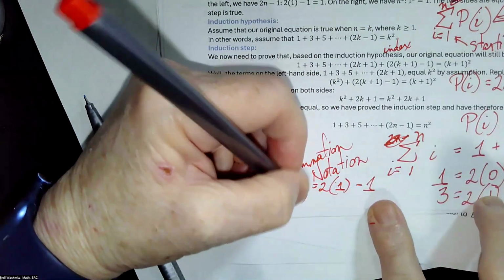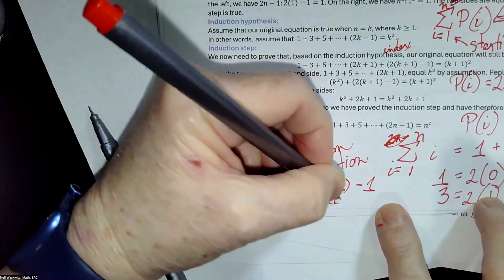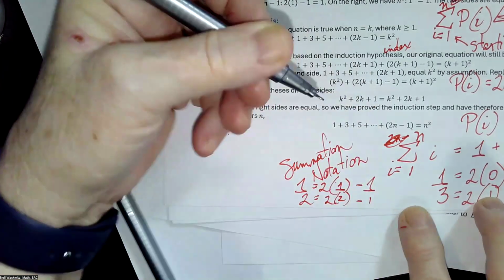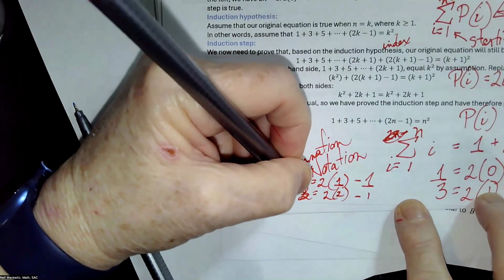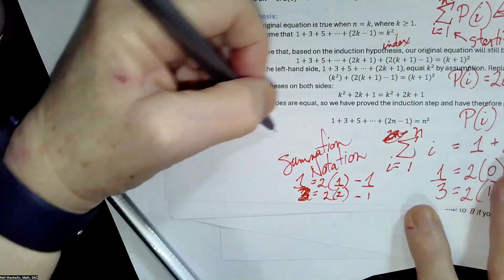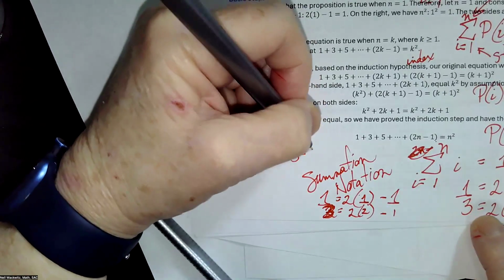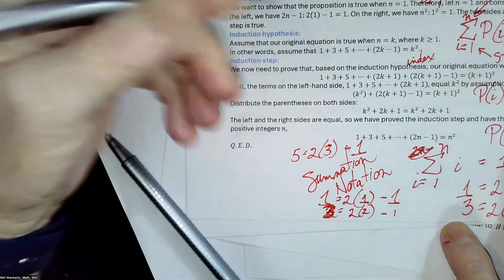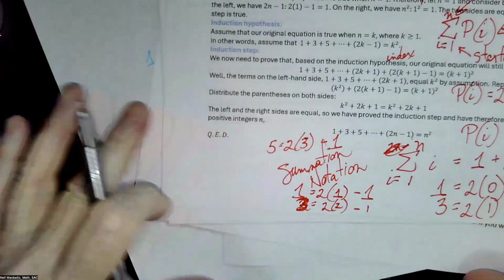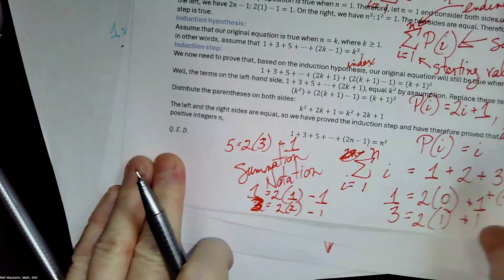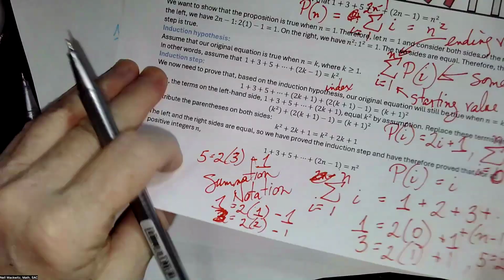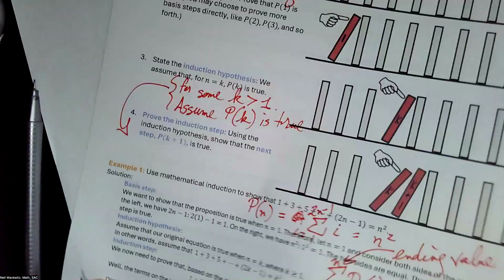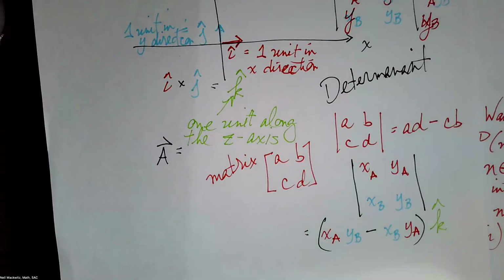And then 3 will be 2 times 2 minus 1, and then 5 will be 2 times 3 minus 1, and etc. So now we can write our statement as starting at 1 rather than 0.